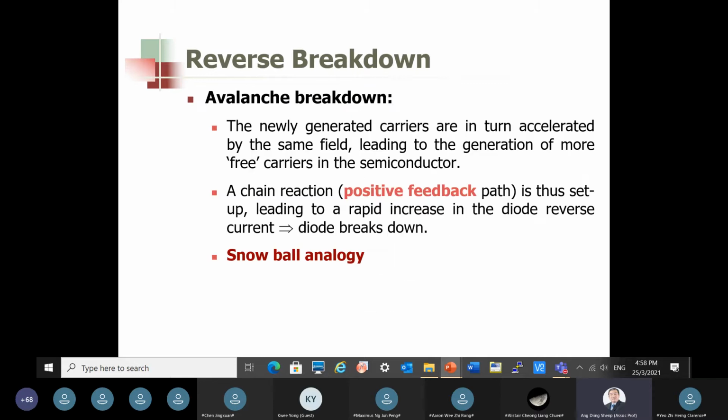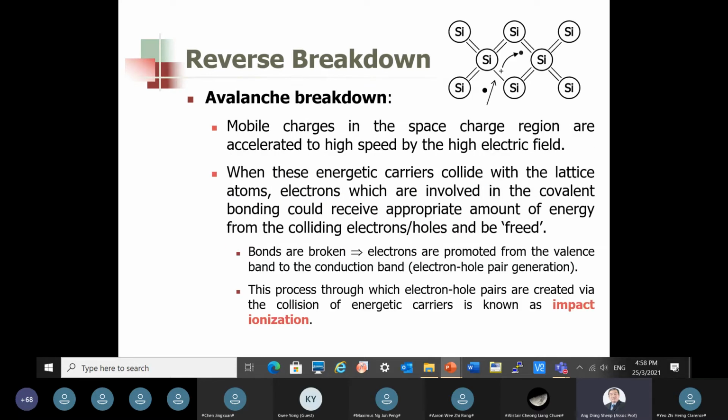To help you better visualize that, you can look at this diagram here. Upon impact ionization, an electron hole pair is created. So there's a hole here, which is an empty energy state. How can this move? For example, this valence electron here can hop on to occupy this empty energy state.